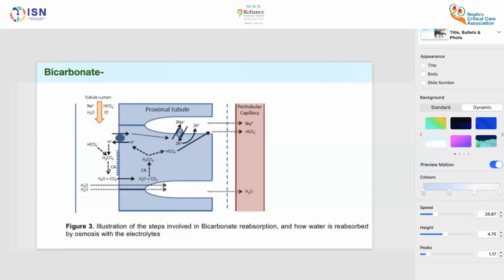This CO2 is reabsorbed into the cell, and again in the reverse direction, this carbonic acid is hydrolyzed to hydrogen and bicarbonate. Thus, this hydrogen is recycled while this bicarbonate is diffused back into the lateral space, and that is how this bicarbonate is reabsorbed into the peritubular capillary.